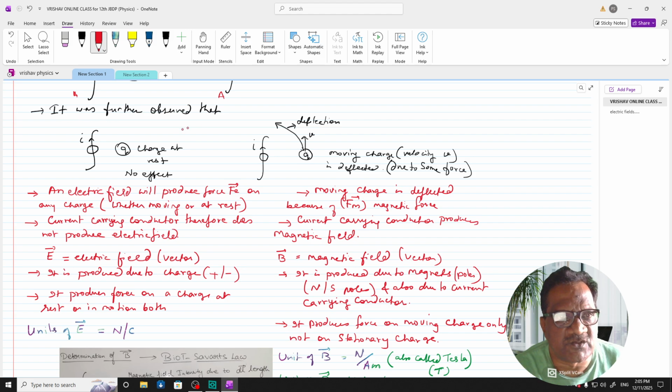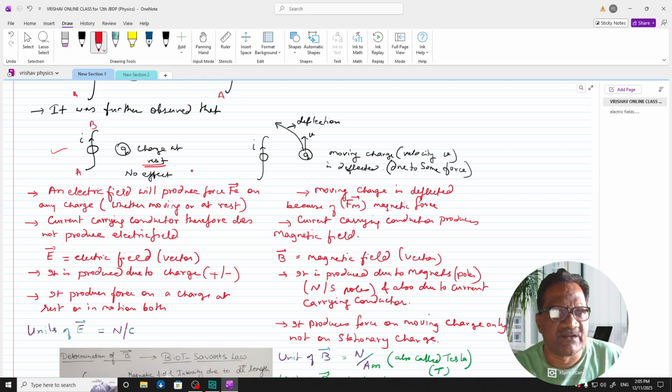Now it was also observed that in a current carrying conductor, you can see here there's a current going from A to B again. So there's a current flowing in the conductor. This time we are placing just a charge, say positive or negative, any charge you are placing here, but this charge is at rest, it is not moving.